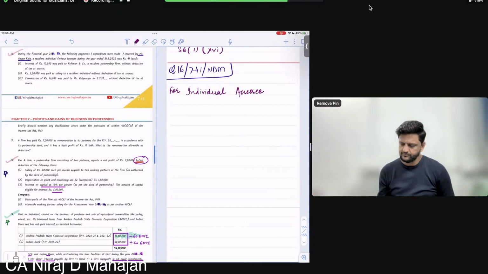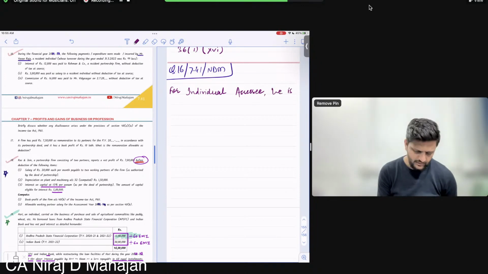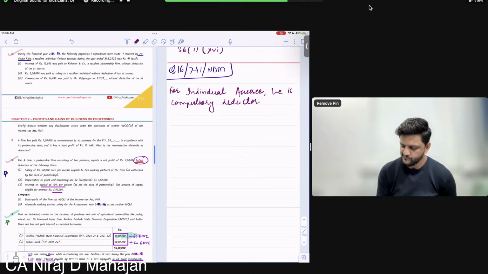For an individual assessee, he is a compulsory deductor if section 44AB was applicable in which year?